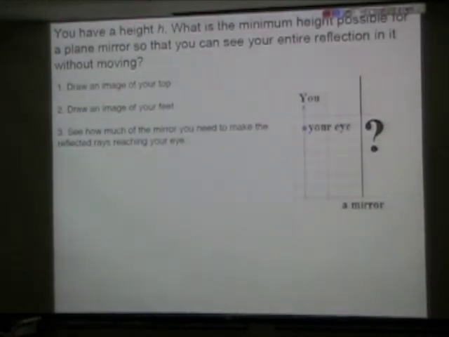The easiest way to draw an image of something is this. This is the point, the image of which you want to draw. You know that the image is supposed to belong to this perpendicular, and it should be exactly the same distance from the mirror.